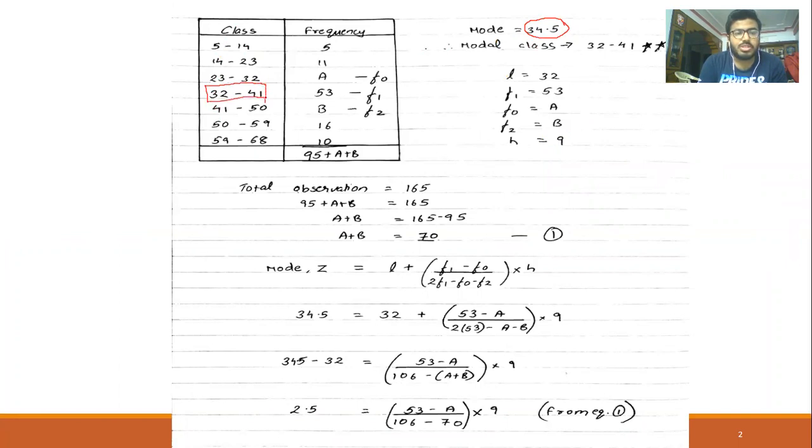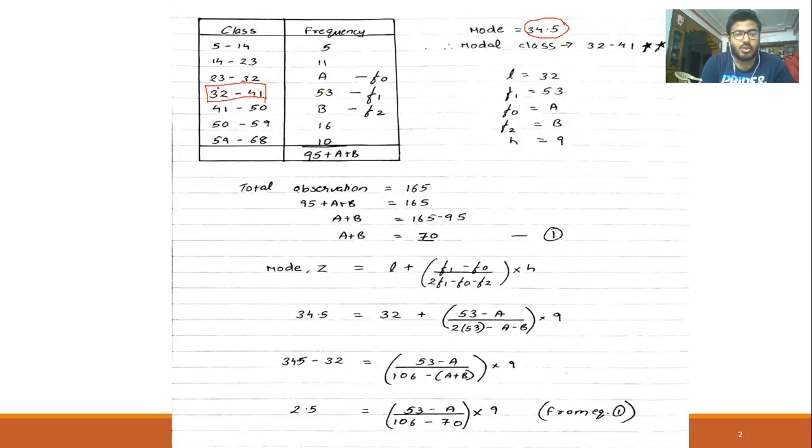This is the most important thing, even in mean, median, and mode. Remember, whenever the mean, median, or mode is given, you must find which class it is in. That class is the modal class or median class or whatever. So 34.5 is between 32 and 41, so this is the modal class.